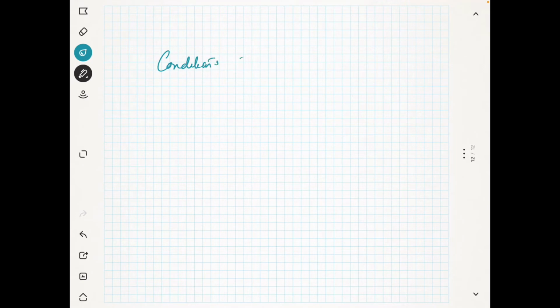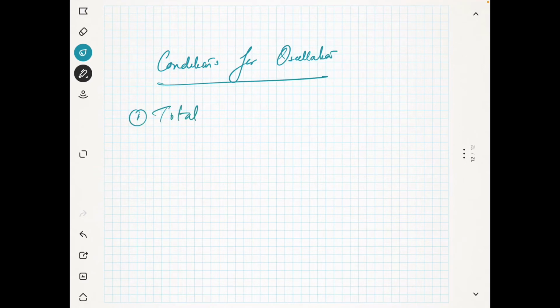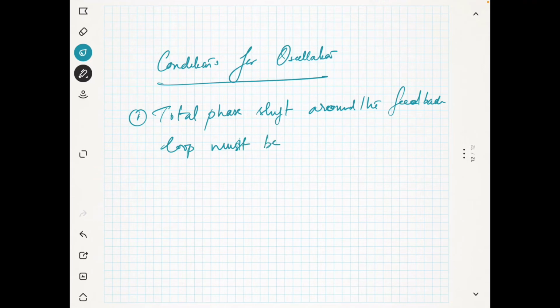The first condition that we have studied is that the total phase shift around the feedback loop must be 0, or maybe an integer multiple of 360 degrees.